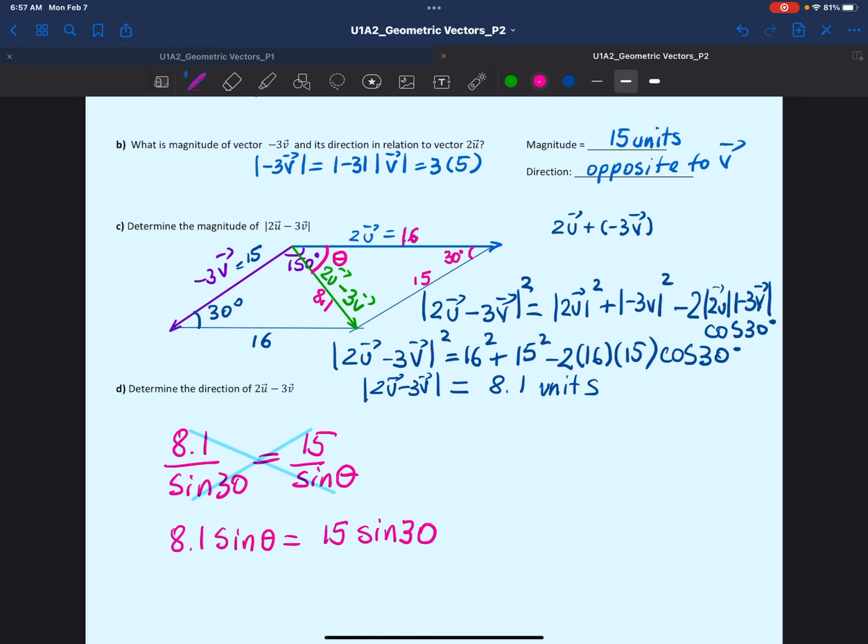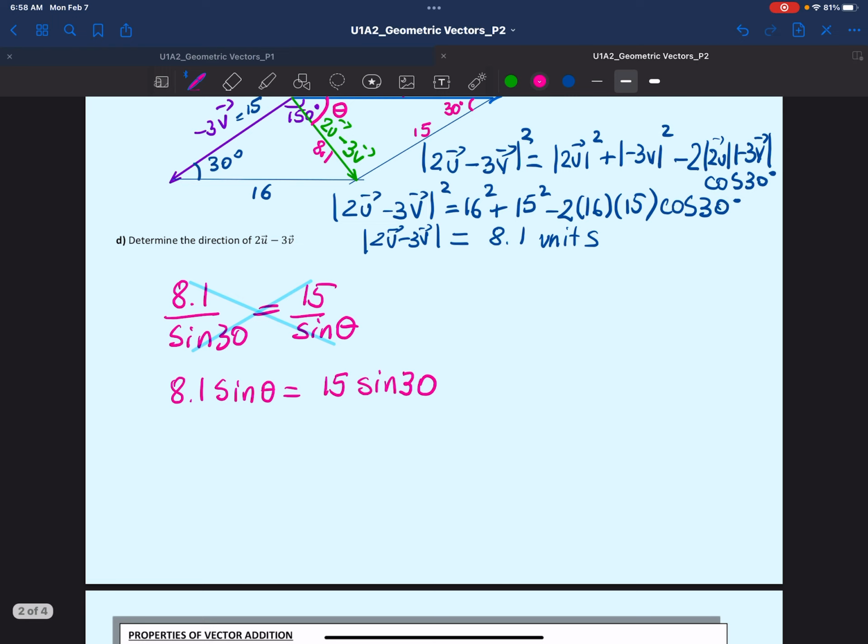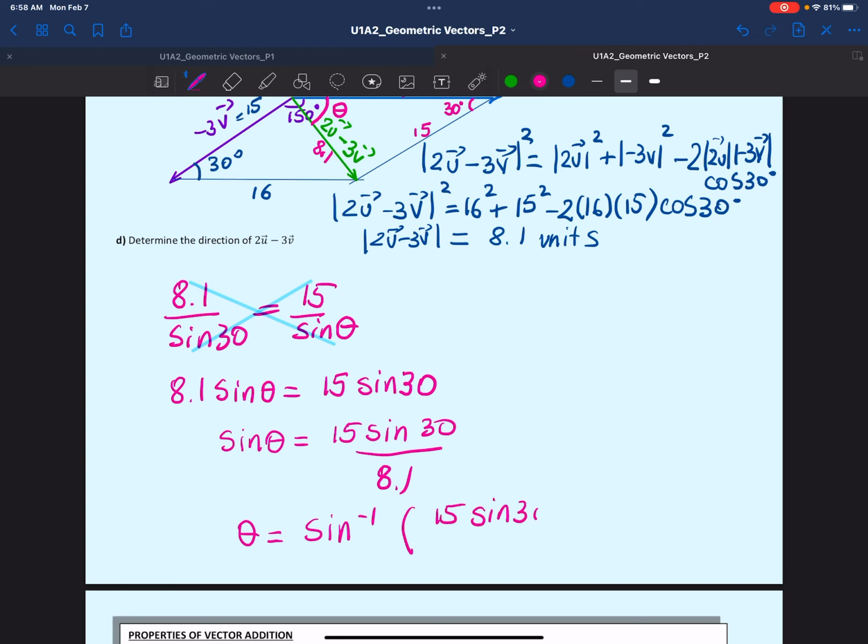You know, sine 30 is 0.5. If you don't, the calculator can do the work for you. So sine theta equals 15 sine 30 divided by 8.1, from where theta equals inverse sine of 15 sine 30 divided by 8.1. I like to do the calculations in one step to ensure accuracy.